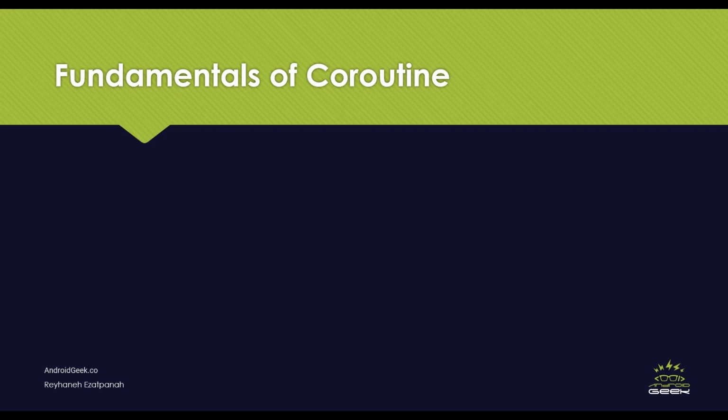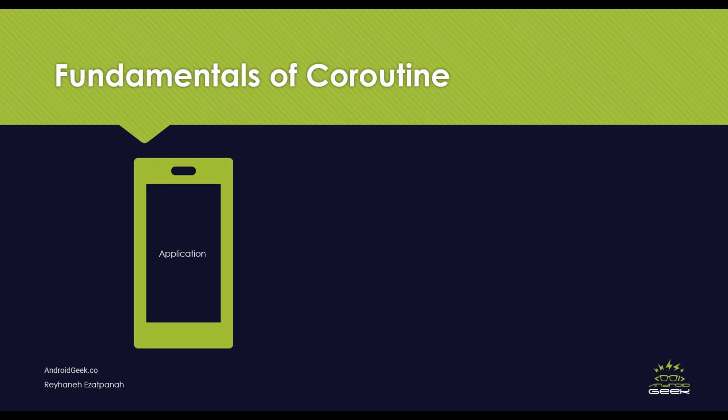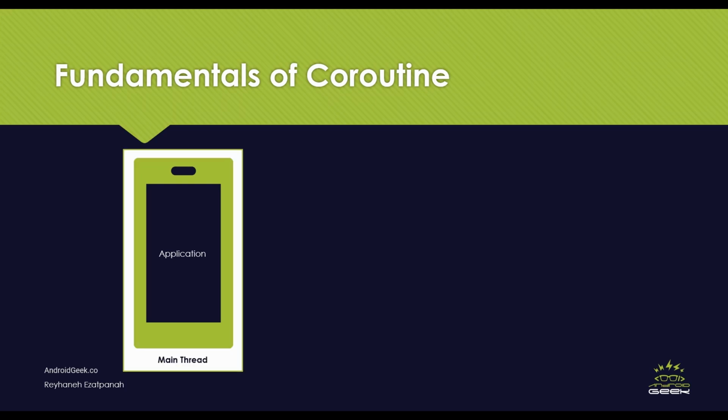So let's start to understand the basics of coroutines, what coroutines are in Kotlin, and how we can create and use them in our application. To understand what coroutines are, you first need to know how exactly your application works. When the user launches your application, a default thread is created. And this thread is known as the main thread.